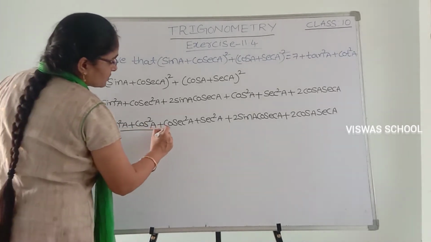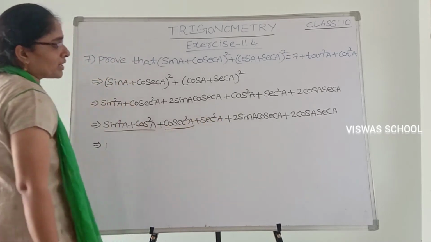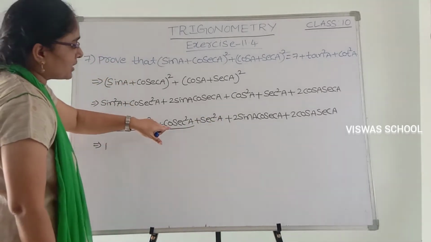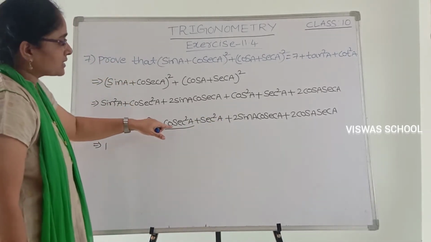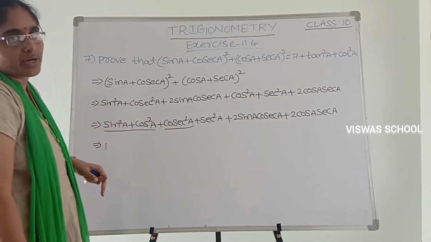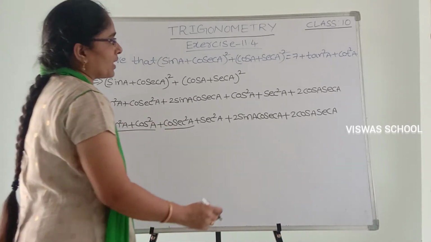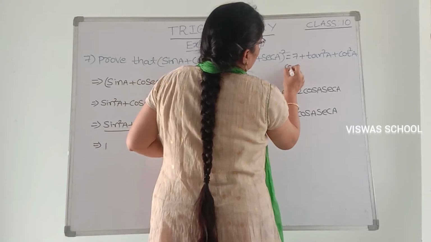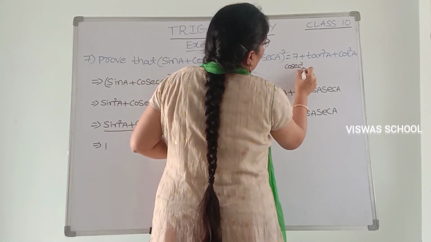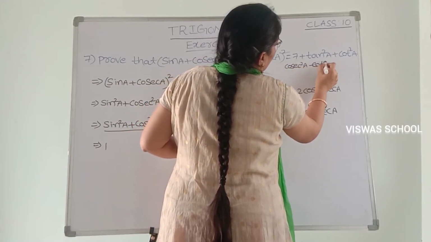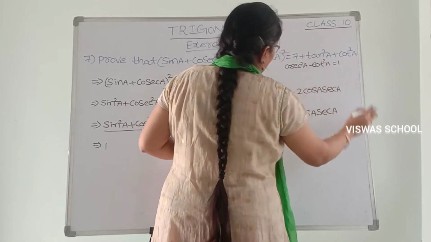The next one is cosecant square A. What is the trigonometric identity related to this one? That is cosecant square A minus cot square A is equal to 1.